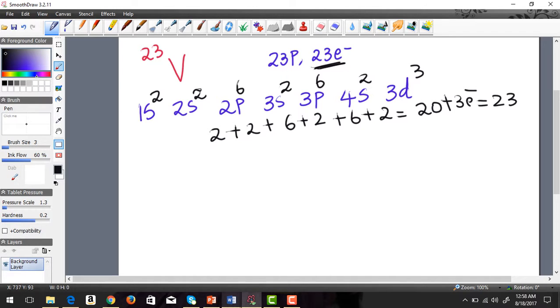Now this is the completed sequence, but there's a problem with it, because as I said, they fitted the 3d into that structure, so it gives that beautiful looking periodic table. But technically, if they had moved it one row up, it presented some potential problems. Now here's what we're going to do.